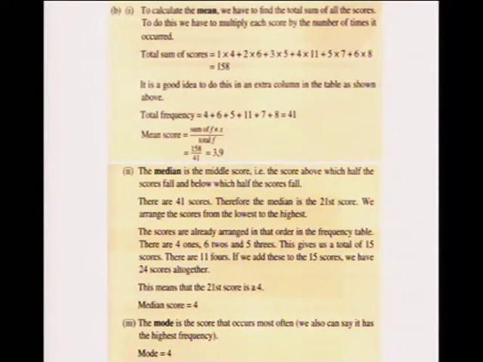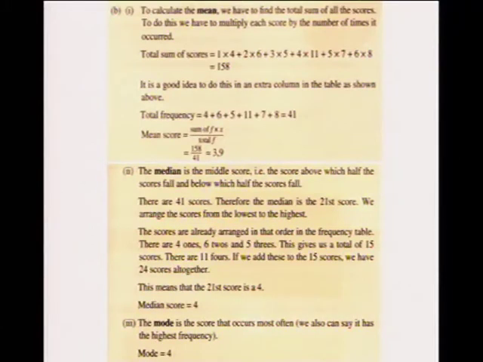There are 4 ones, 6 twos, 5 threes. This gives us a total of 15 scores, and there are 11 fours. So we add these to the 15 scores. Now we have 26 scores together. This means that the 21st score is a 4. So that's why we say the median is a 4.